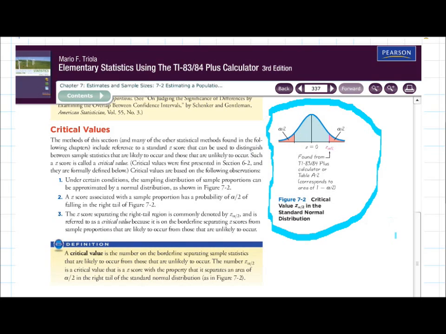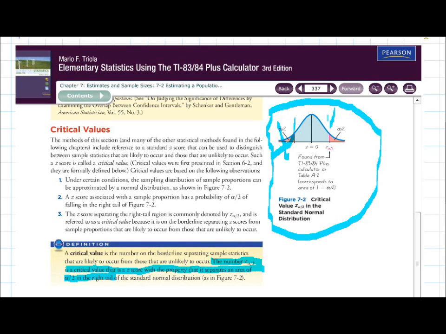We've got a negative and a positive alpha over 2. However, there's this trickery down here, math trickery. The number alpha over 2 is a critical value, is a z-score with the property that it separates the area of alpha over 2 in the right tail. So we don't care about this in this problem. So you need to be aware of what that thing is. We're only after this one.